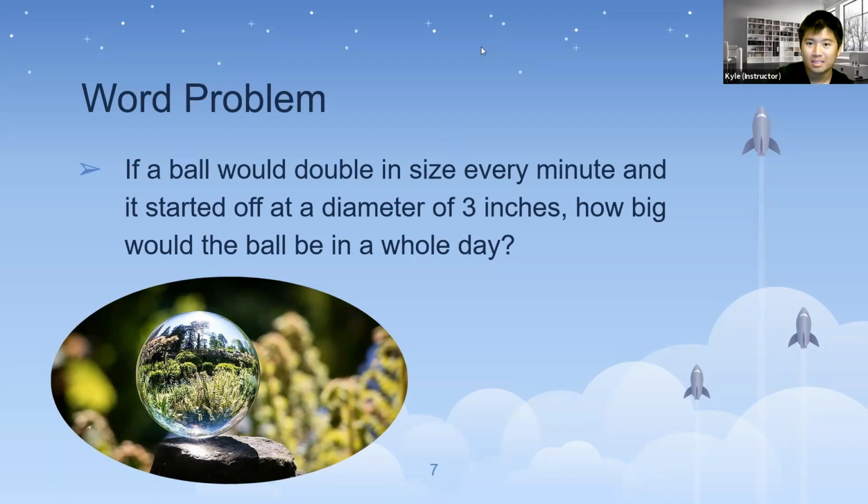Let me just answer this since this was a hard question, and let's see if any of the groups got this right. If a ball would double its size every minute and it starts off with a diameter of 3 inches, how big would the ball be in a whole day? First of all, how many minutes are in a whole day?